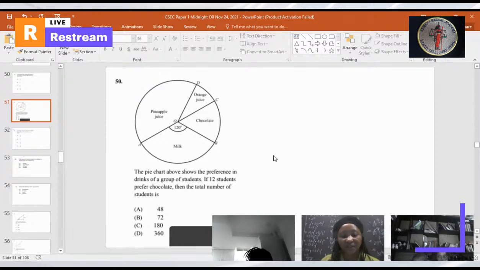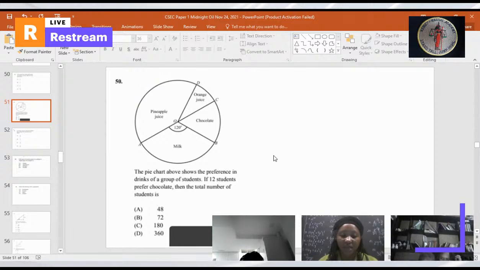So we use the fact that the chocolate and the milk take up 180 degrees. And we're not assuming, this is a fact because they are on the diameter. You notice where the origin is. So they are on the diameter. It's not like Imani a while ago assuming that the chocolate was a quarter. We're not making an assumption. We know that because the lines are coming from the center, right?